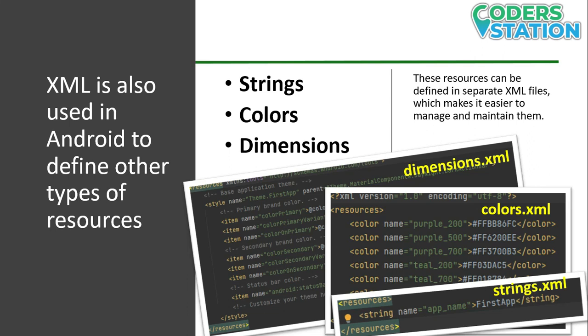Suppose we are using a specific string in an application and that string is being used many times, like the app name, as you can see in this particular strings.xml file.